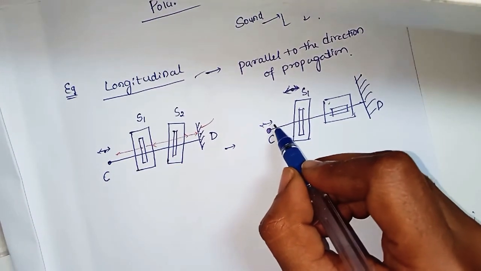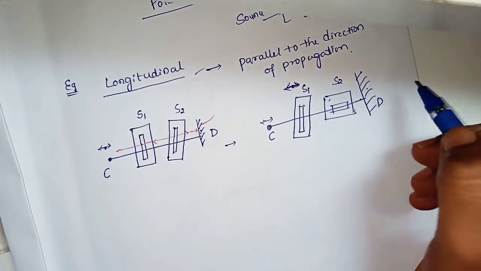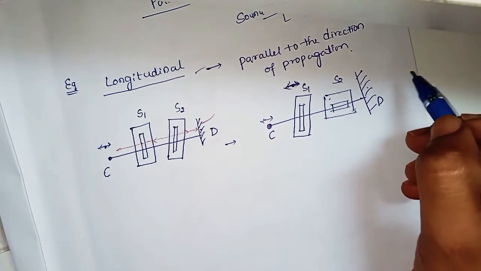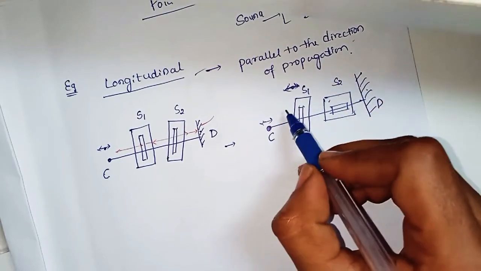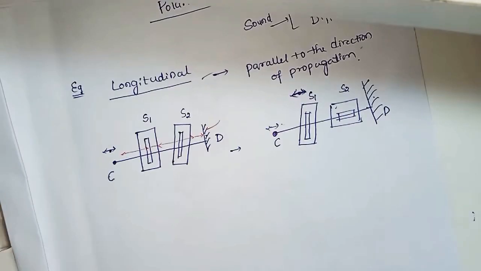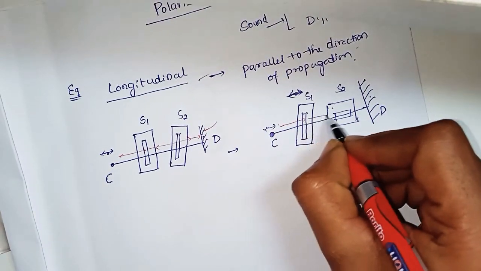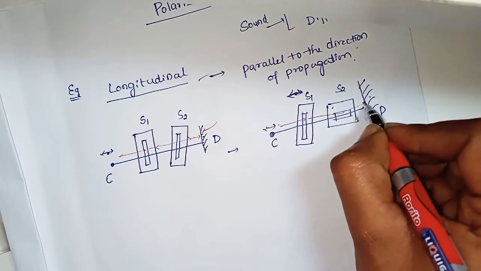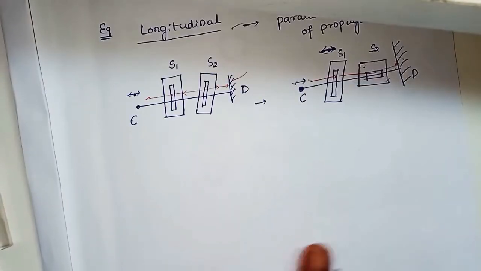Do the waves pass from slits S1 and S2 to the end D? Yes, sure, because these are parallel in direction. So the waves will pass through slit S1 and slit S2 and reach the point D. So this is about the longitudinal wave.